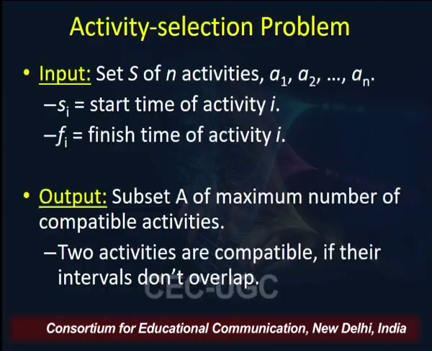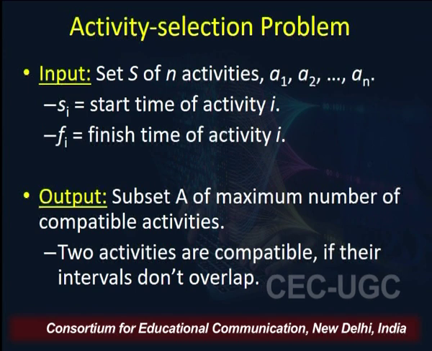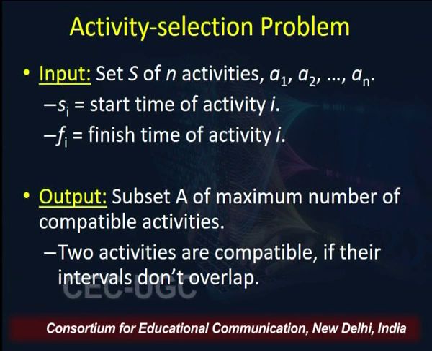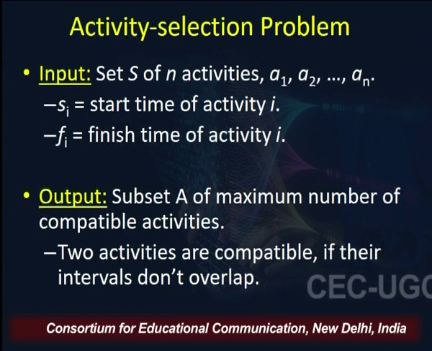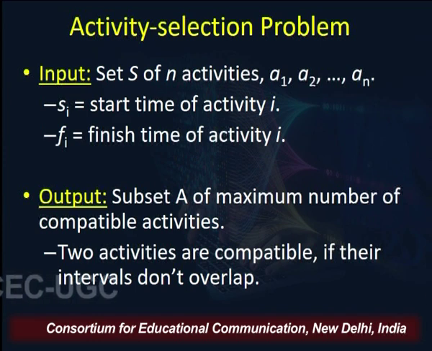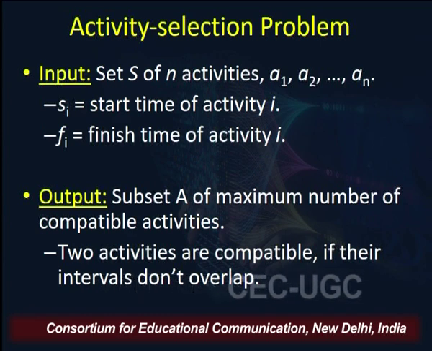Now, the activity selection problem says that let us say there is a set S, and this set S has a number of activities, let us say n activities. All these activities are named A1, A2 till An, where Si is the start time of activity i and Fi is the finishing time of activity i.